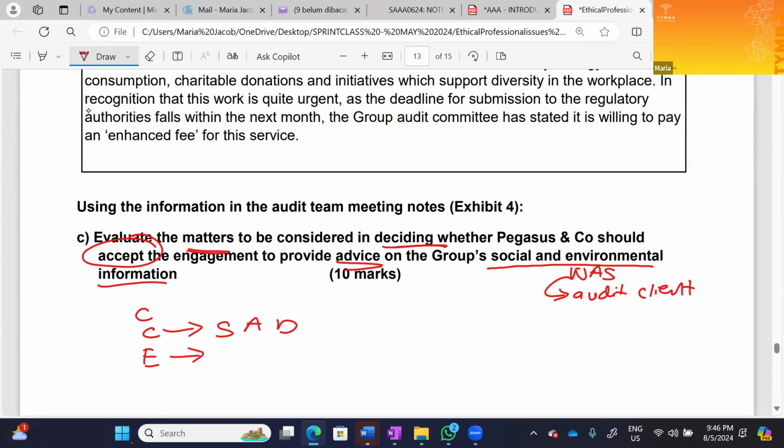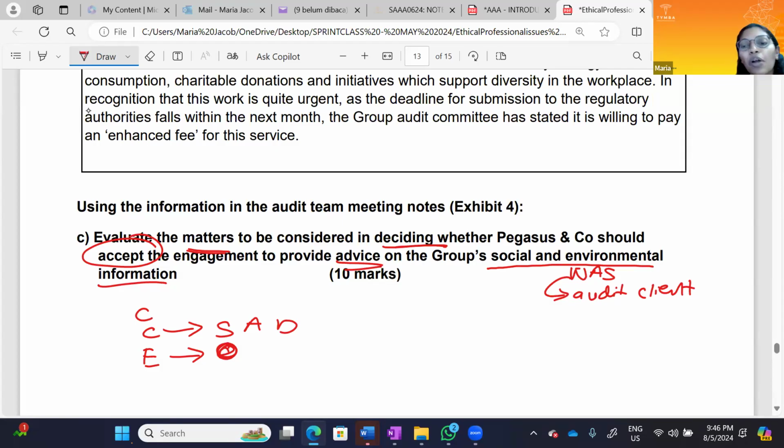So I'm not going to talk about conflict of interest here. I'll discuss objectivity. Will the social and environmental information be published in the audit report or not? The majority of non-audit services are going to give rise to a self-review threat.